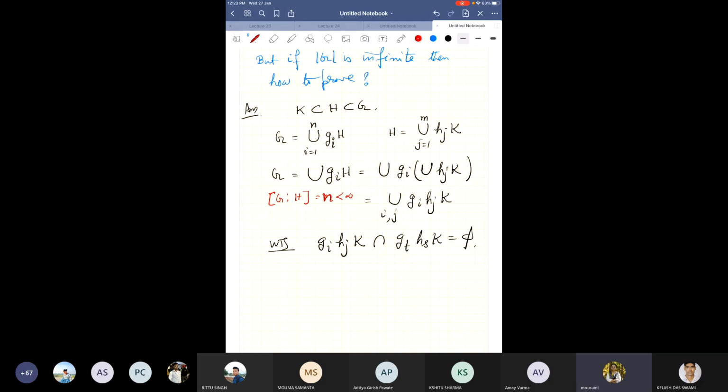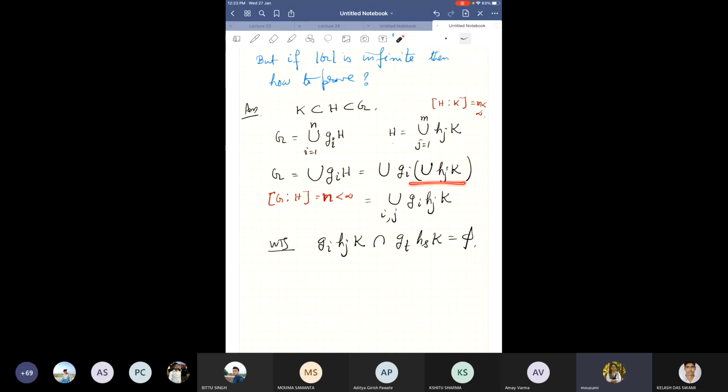And then this H is again a disjoint union of left cosets of K, because this index is also finite. Is this okay? Yes, ma'am. Then I have just written this H as a disjoint union of the left cosets of K.